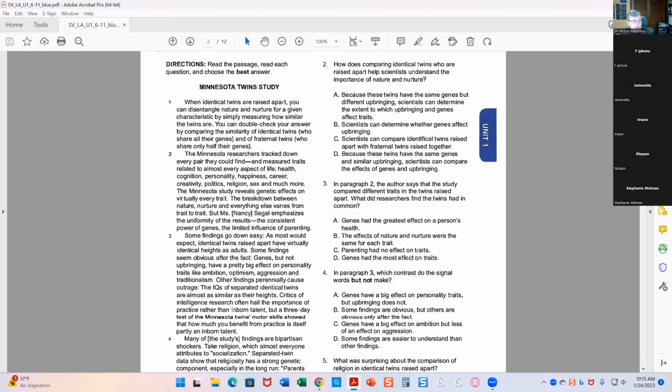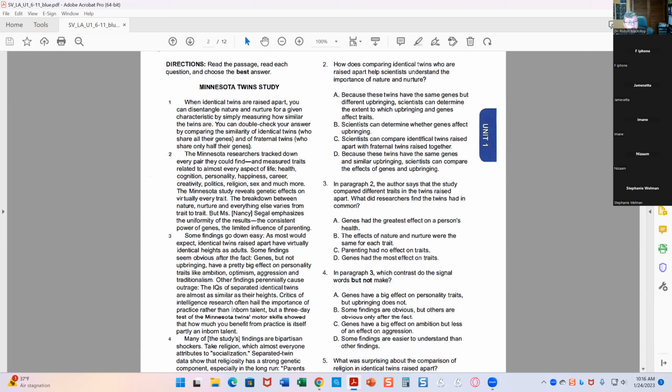They're strong. In paragraph 2, the author says the study compared different traits in the twins raised apart. What did researchers find that the twins had in common? So this is paragraph 2, at least if you need to go back and look, you know right where to look. Genes had the greatest effect on a person's health.